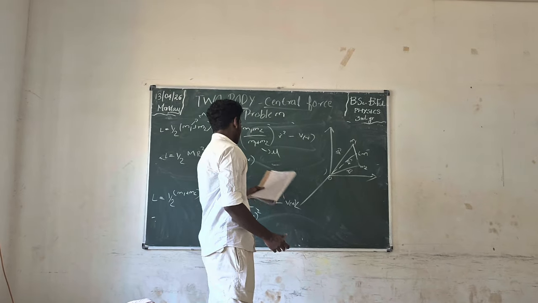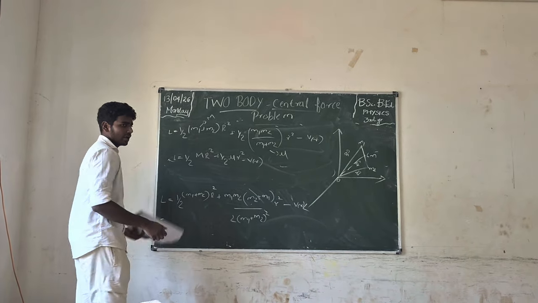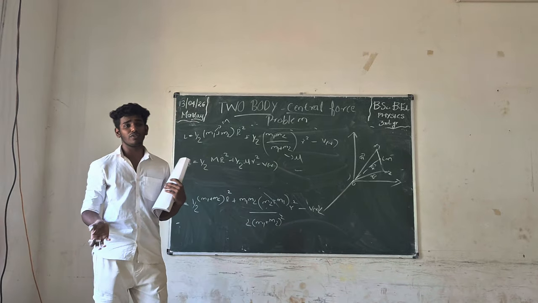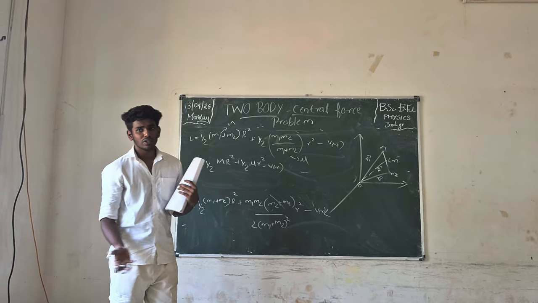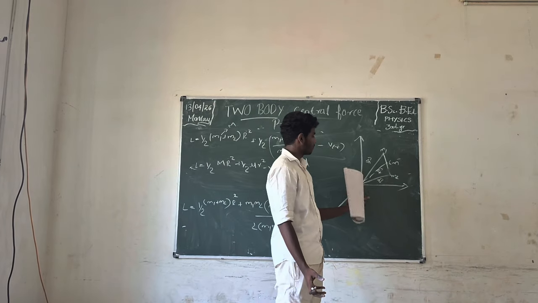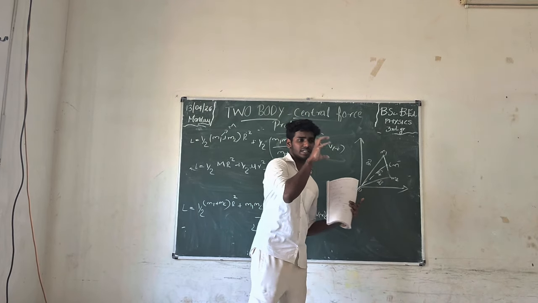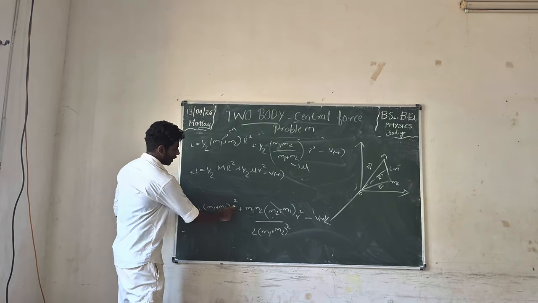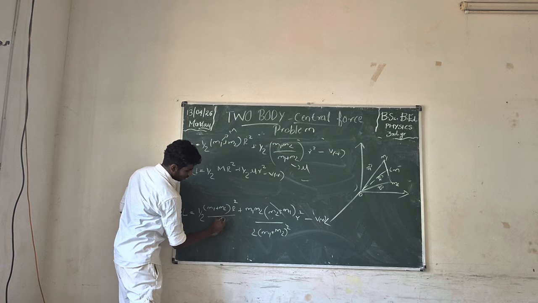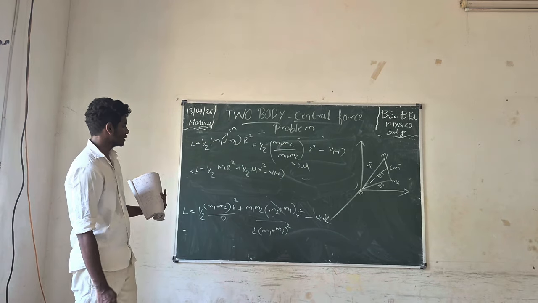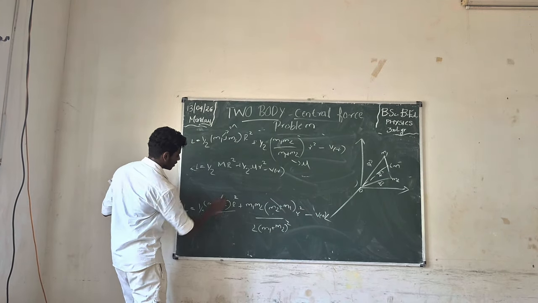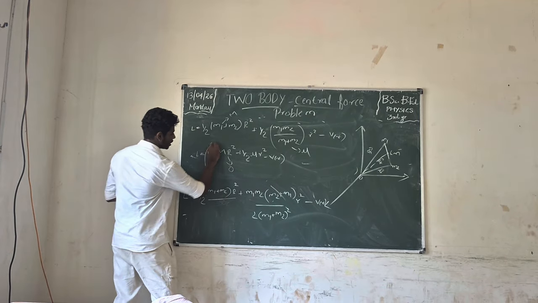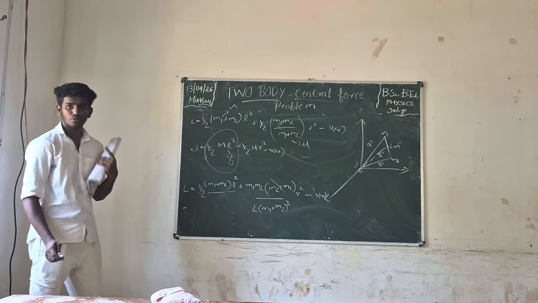So the value of R dot will be a constant, right? If we take the derivative of a constant, it will become 0. So as the center of mass is at rest or in constant motion, we can take the value of R double dot as 0, so this whole term will become 0.